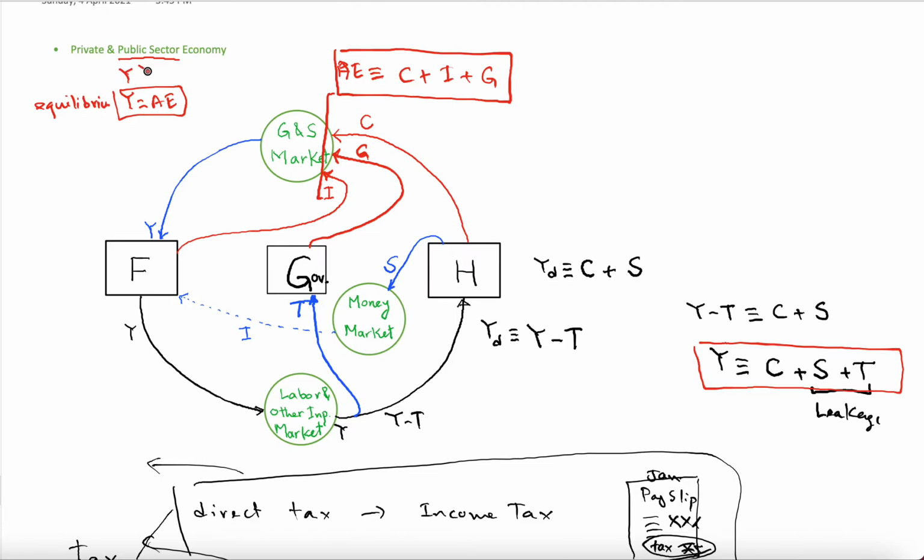And if Y is bigger than planned aggregate expenditure or Y is smaller than planned aggregate expenditure, these are disequilibrium, similar to the discussion we had in chapter 8.